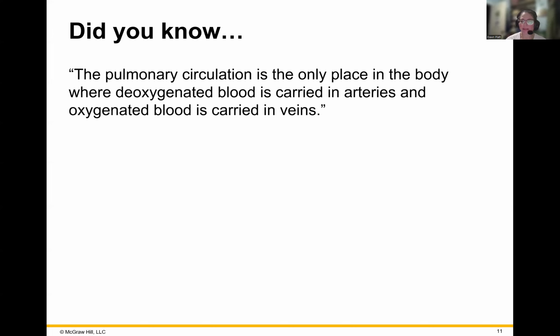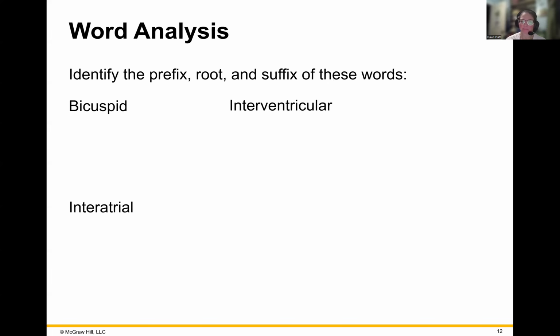But your pulmonary circulation is actually going to be opposite, where the pulmonary artery is bringing deoxygenated blood to the lungs, and the pulmonary vein brings oxygenated blood back to the heart.